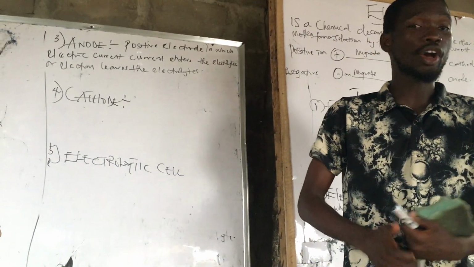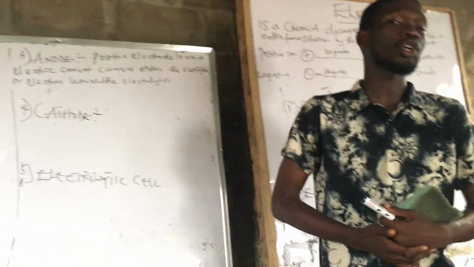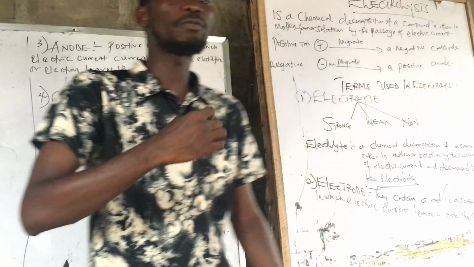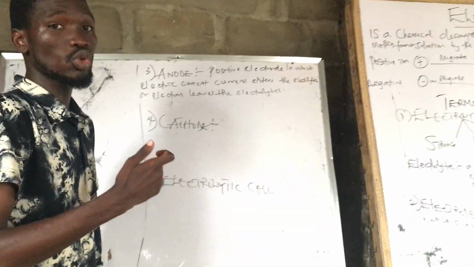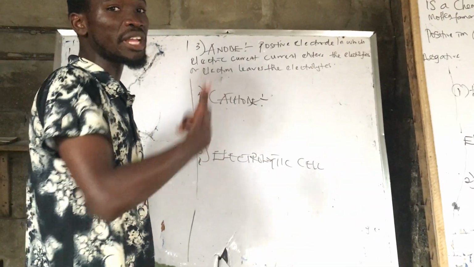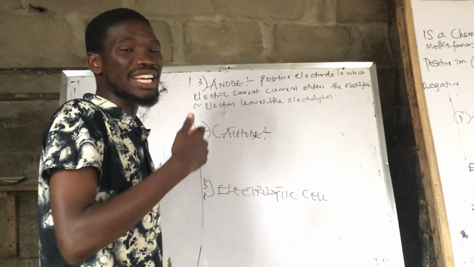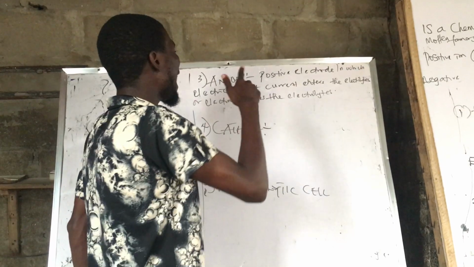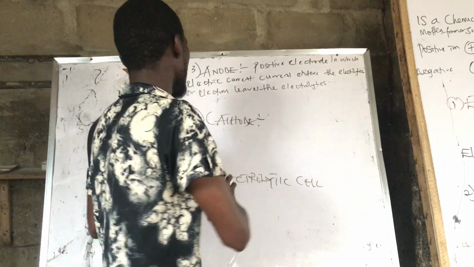As a JAMBite or a student preparing to write an examination, you should be able to differentiate between the one in which electric current enters and the one in which electric current leaves. For anode, electric current enters.